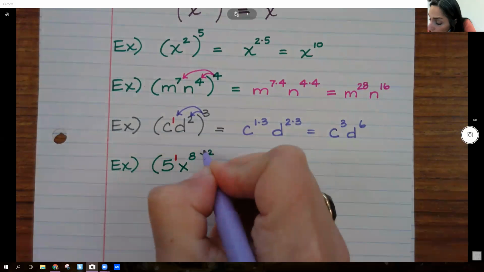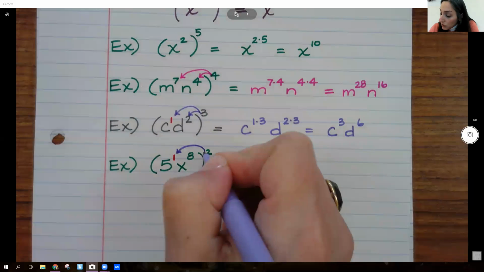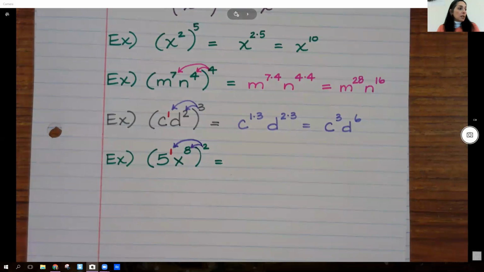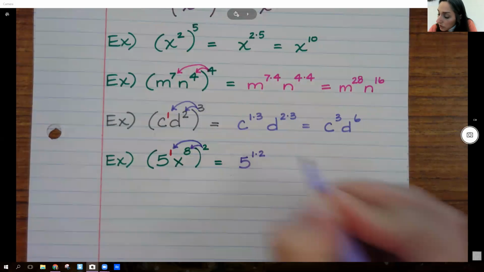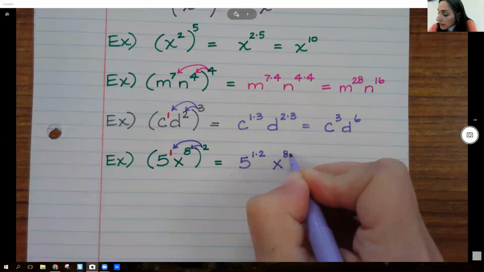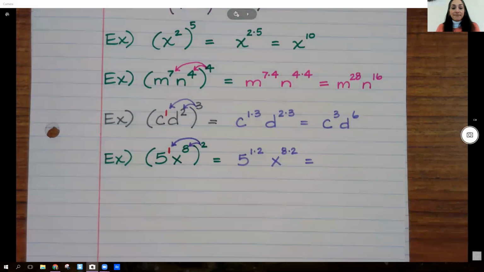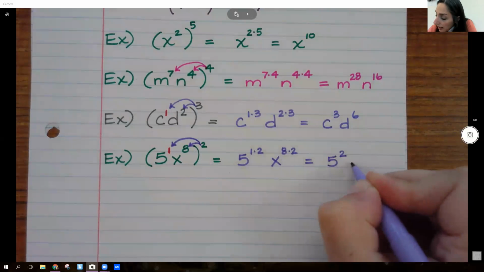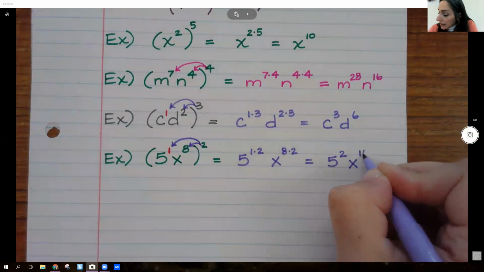You would distribute the 2 to that little 1 right there, and you would distribute it to the 8, okay? So this will become 5 to the 1 times 2, x to the 8 times 2. So this would be 5 squared x to the 8 times 2 is 16.